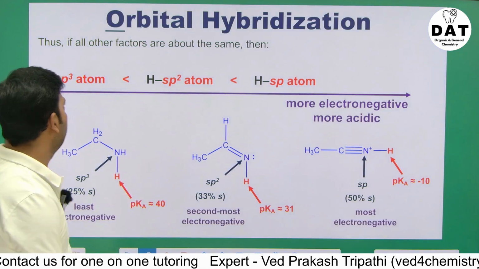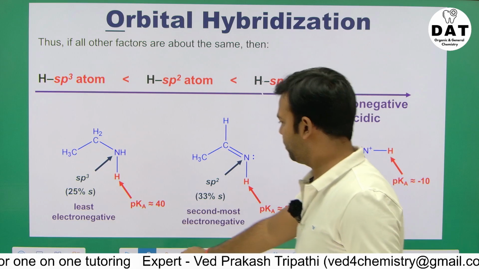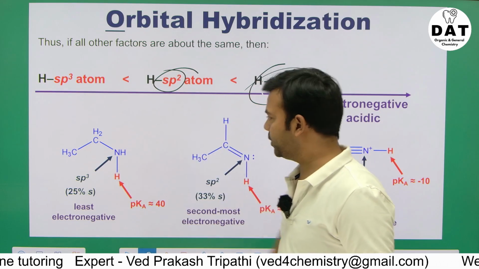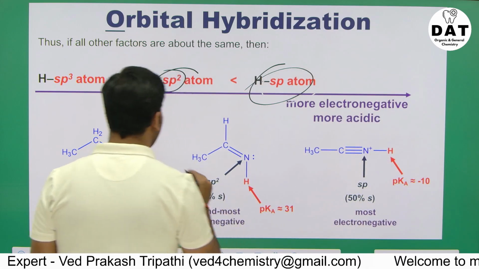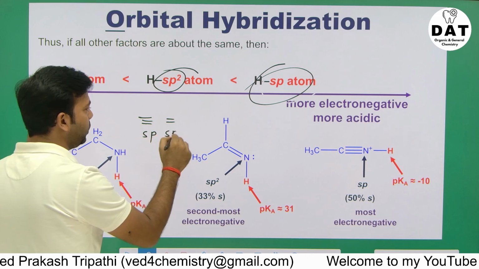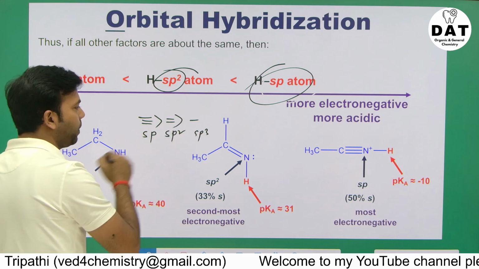You can see an sp hybridized atom is more acidic than sp2 and then sp3. Clear? Because triple bond is sp hybridized, double bond is sp2 and single is sp3. Makes sense?